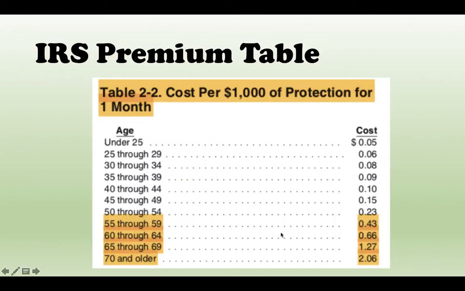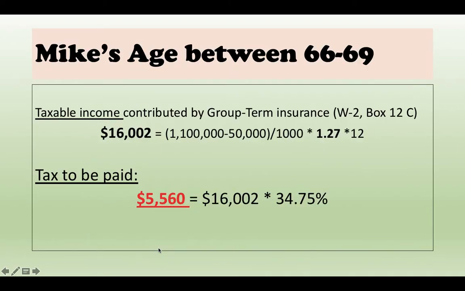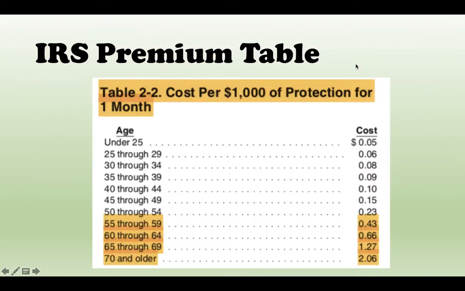Since we talk about the factor, this is the IRS premium table that I showed you earlier on the IRS form. This one is 65 to 69. I just want to show you the factor here.